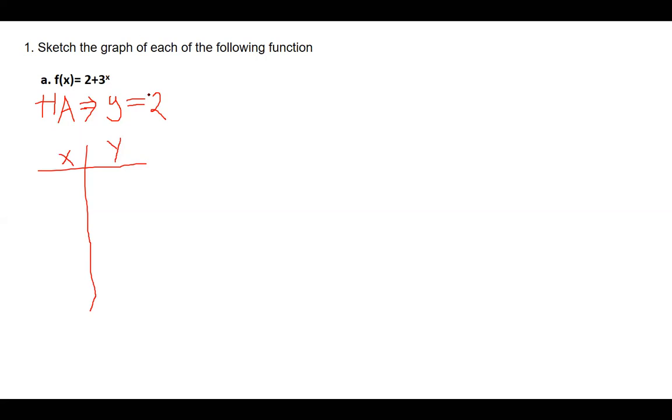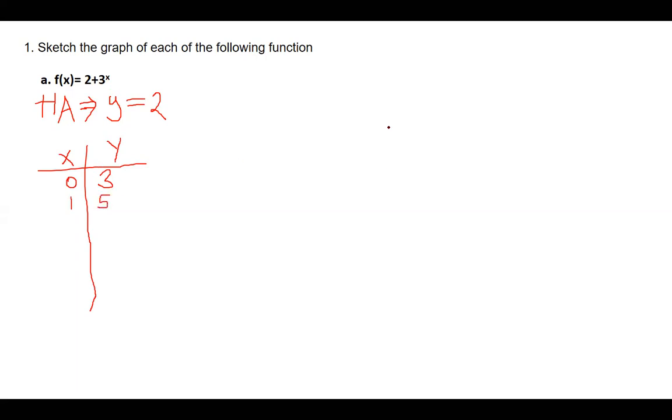When you put 0, you get 3 raised to power 0, which is 1. 1 plus 2, you get 3. You try to put 1 there. 3 raised to power 1 is the same 3, and then 3 plus 2, you get 5.